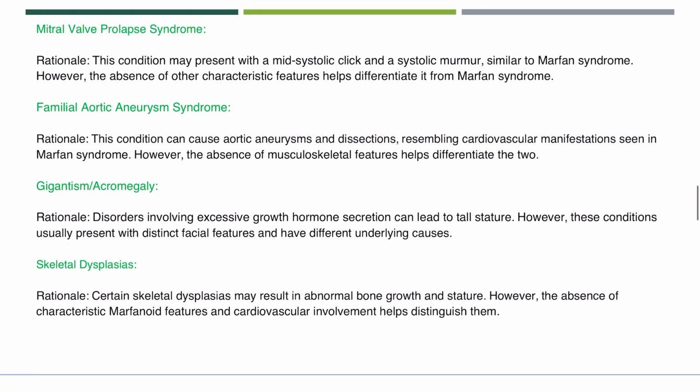Familial aortic aneurysm, I've just put it here because the patient has a family history of cardiac conditions, but again there is absence of musculoskeletal features in this case.